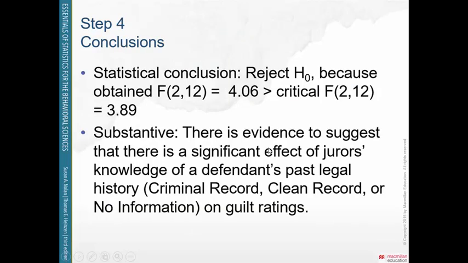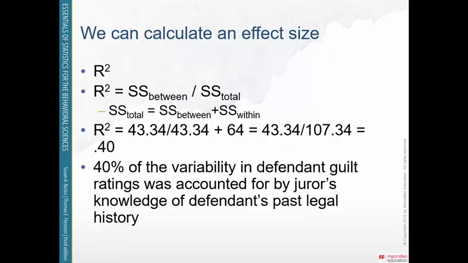So, back here, you've got your R squared is sums of squares between 43.34 over sums of squares total, which is sums of squares between plus sums of squares within, which is that 64, which is 43.34 over 107.34, which gives you 0.40.